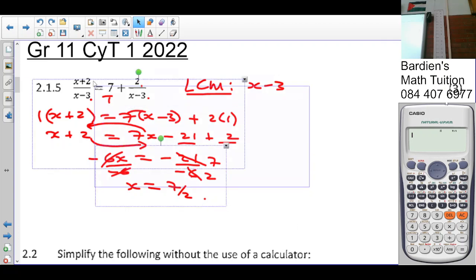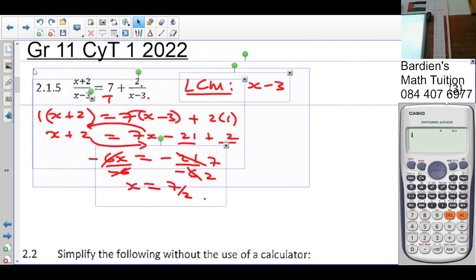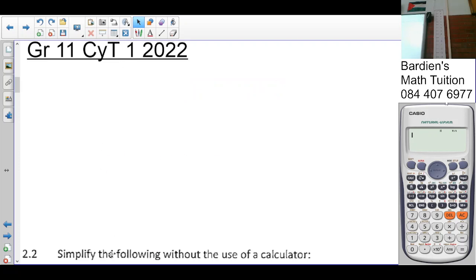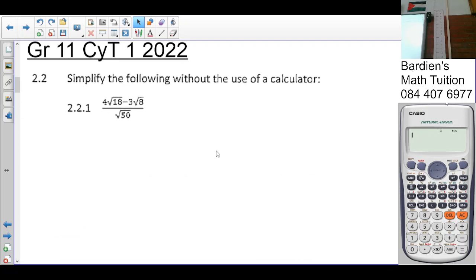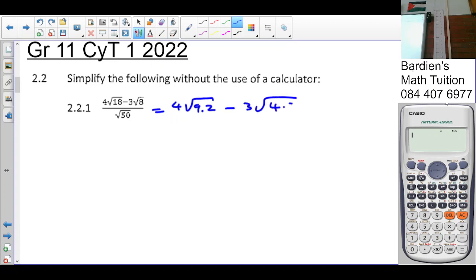Right. Let's carry on. The question says simplify the following without using a calculator. So it's going to be 4 root 18, which can be written as 9 times 2, minus 3 root 4 times 2, over root 25 times 2.